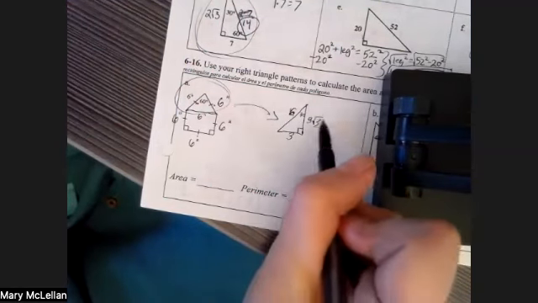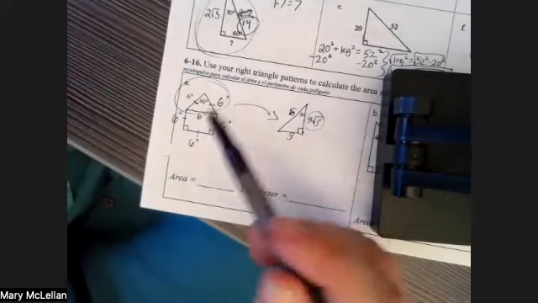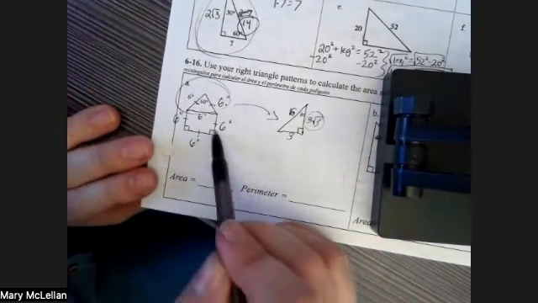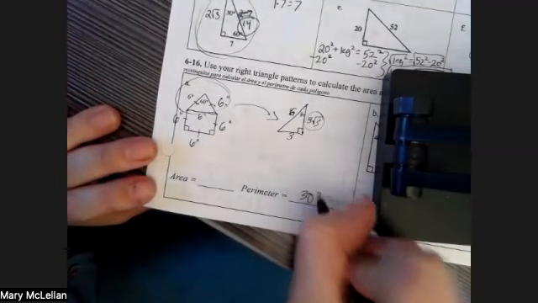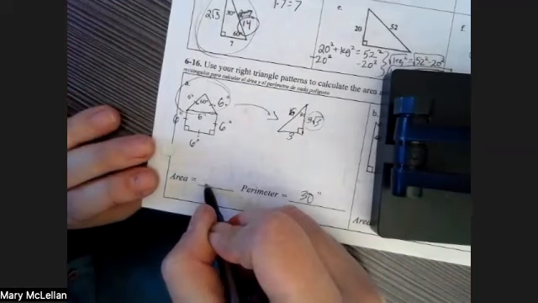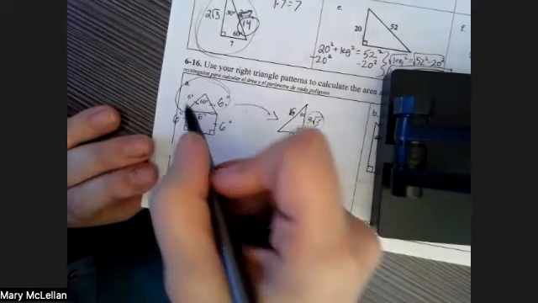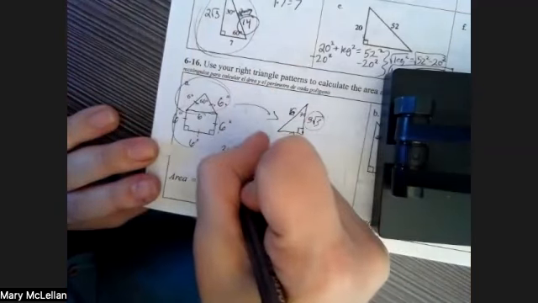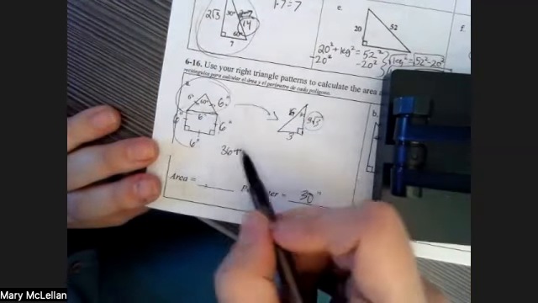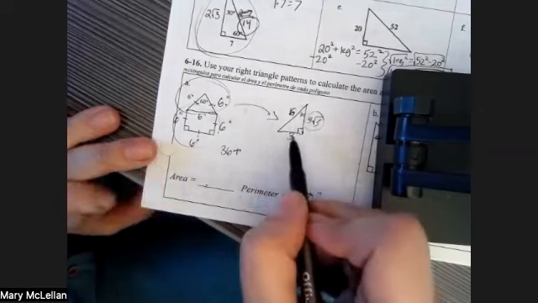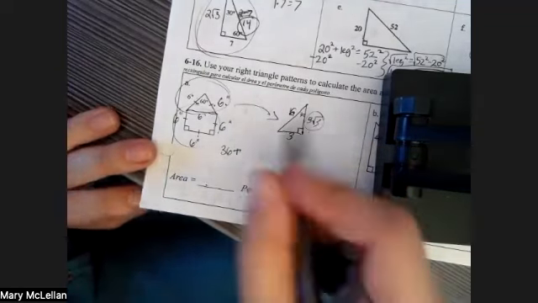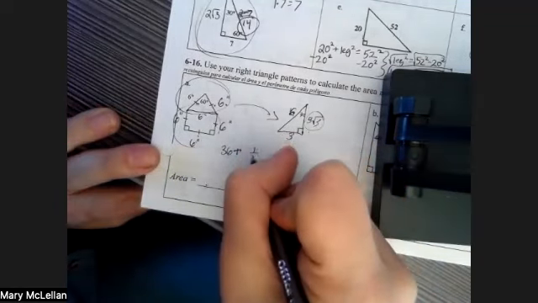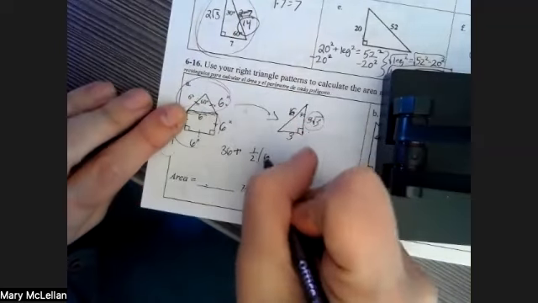The reason I care about this is because I need to find not just the perimeter, but the area. The perimeter is easy. It's 6 times 1, 2, 3, 4, 5, 30. But the area is not as easy. So to find area, I need length times width for the rectangle part. This is 36 plus, and then the area of the triangle part is 1/2 base times height. So 1/2, the base of this triangle is 6.